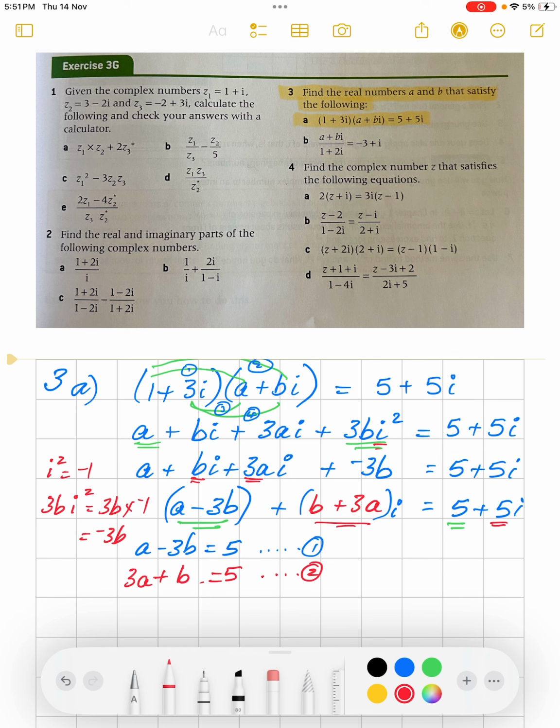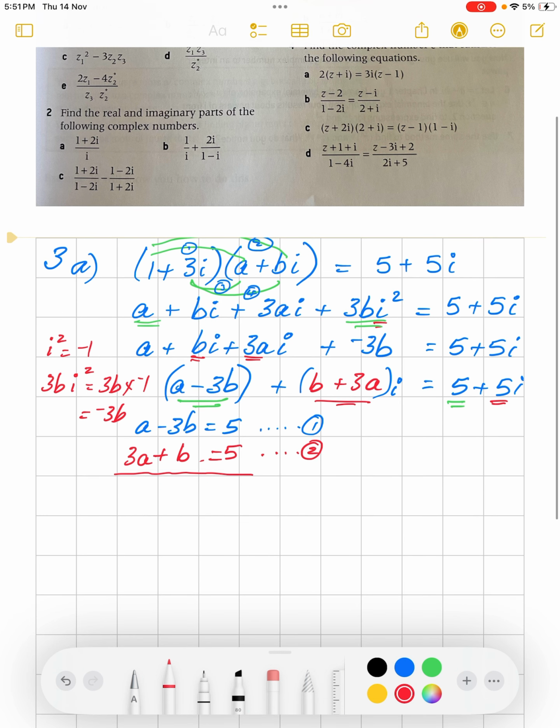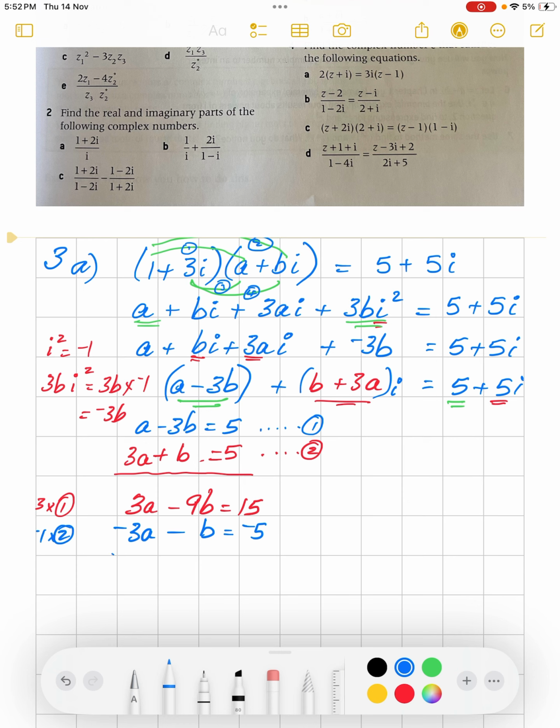Now, I will solve these simultaneously, and if I triple equation 1, so 3A minus 9B equals 15, and if I negate equation 2, I get negative 3A minus B equals negative 5.